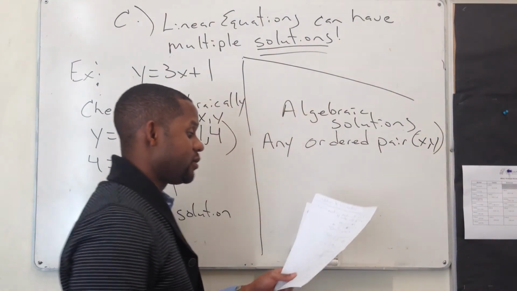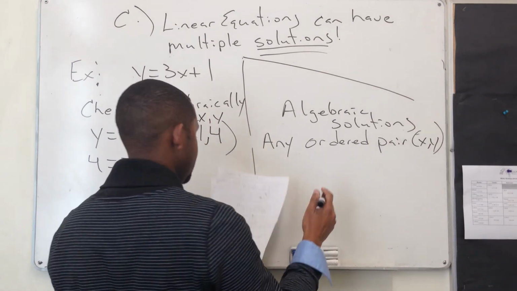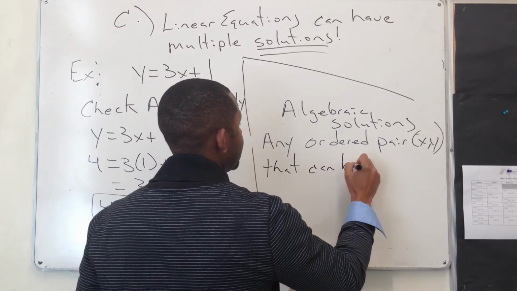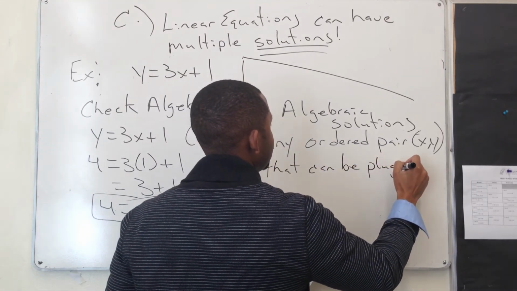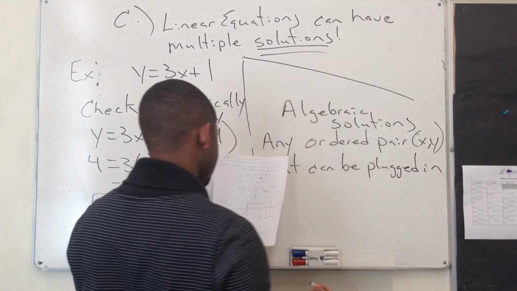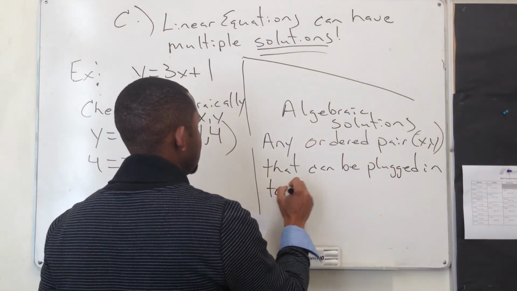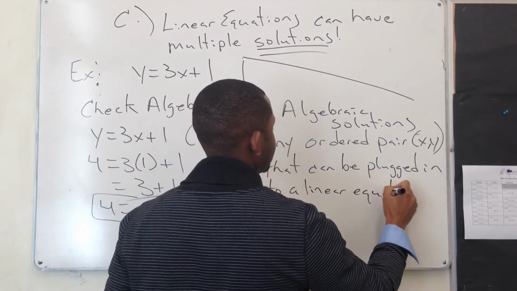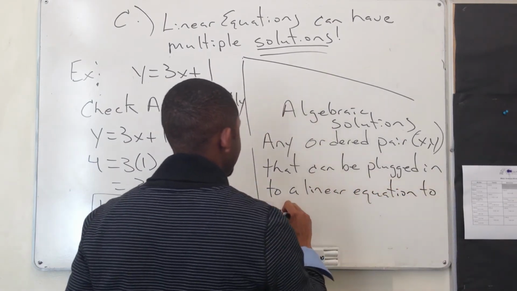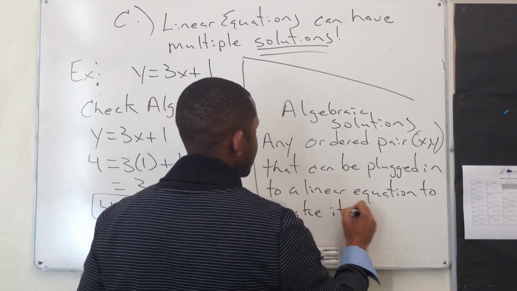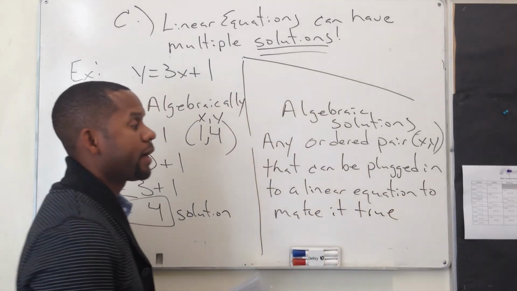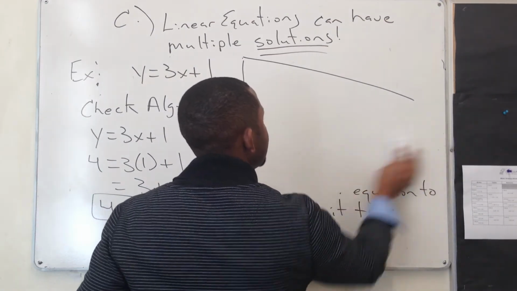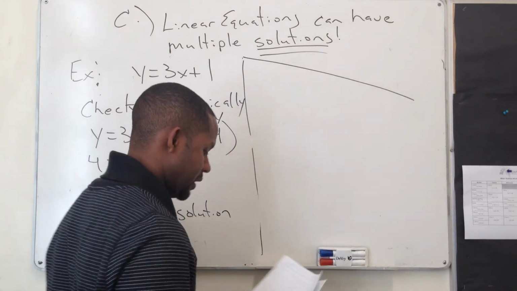So you've got a point and you take its ordered pair, x, y, that can be plugged in to a linear equation to make it true. That's your algebraic solution. So let's talk about this. That's what we've already done. This one should be quick.